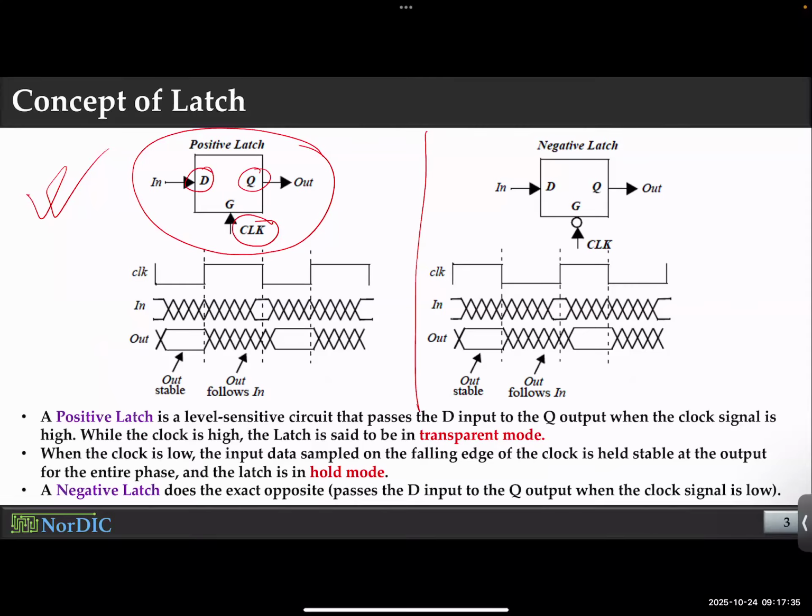This block could be designed in a way that only when the clock is activated or high or one, however you want to call it, only then the input will be sent to the output. Otherwise, when the clock is inactive or zero or low, output will remain as was.